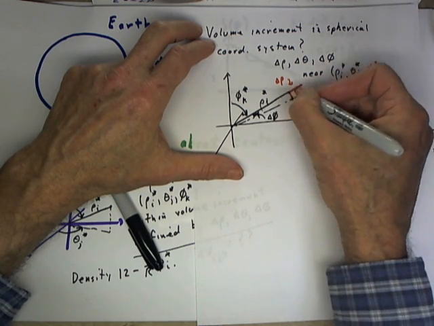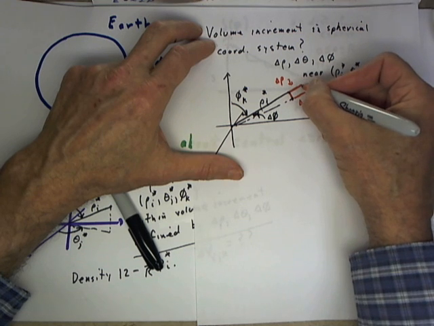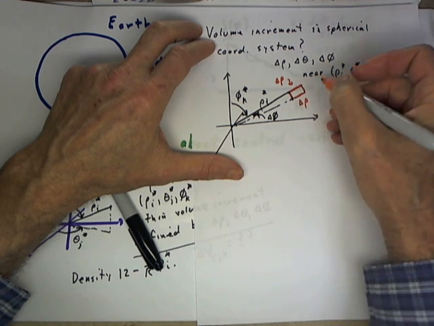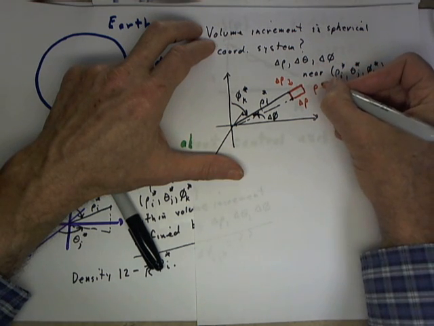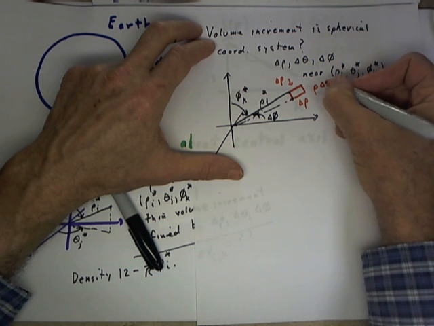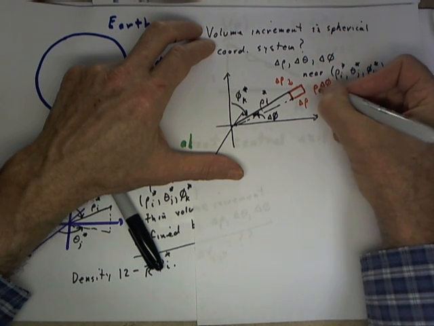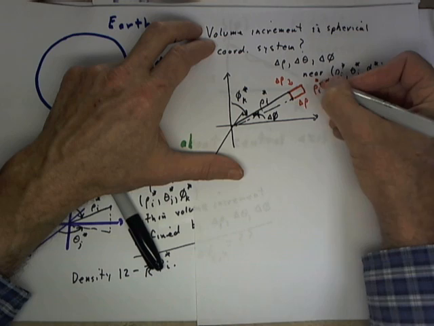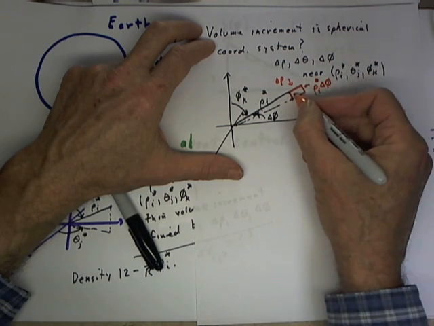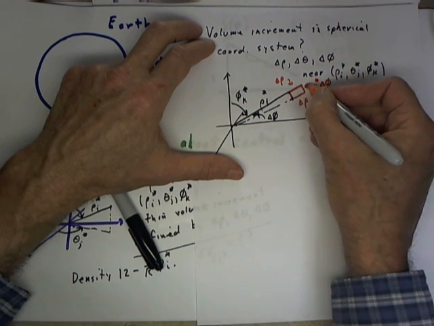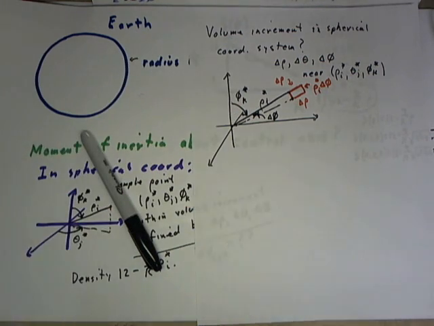So this side and this side have length approximately equal to rho sub I star delta phi. Same length in here. I don't want to clutter up the figure any more than I already have.